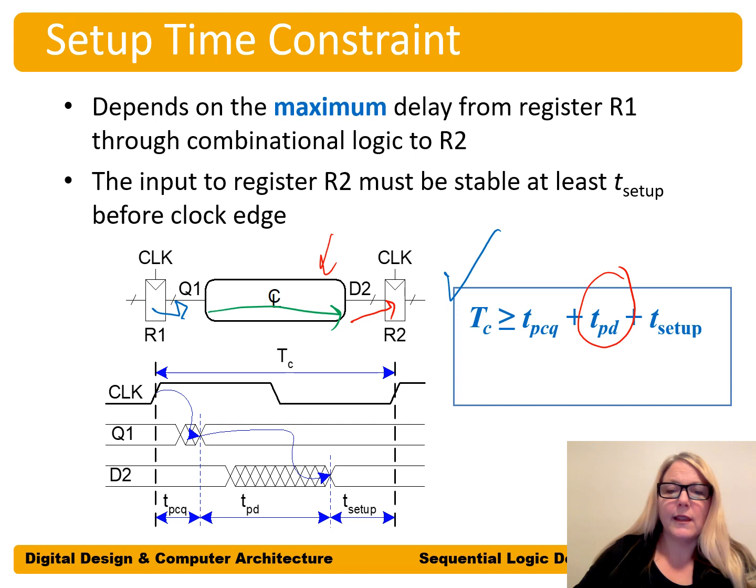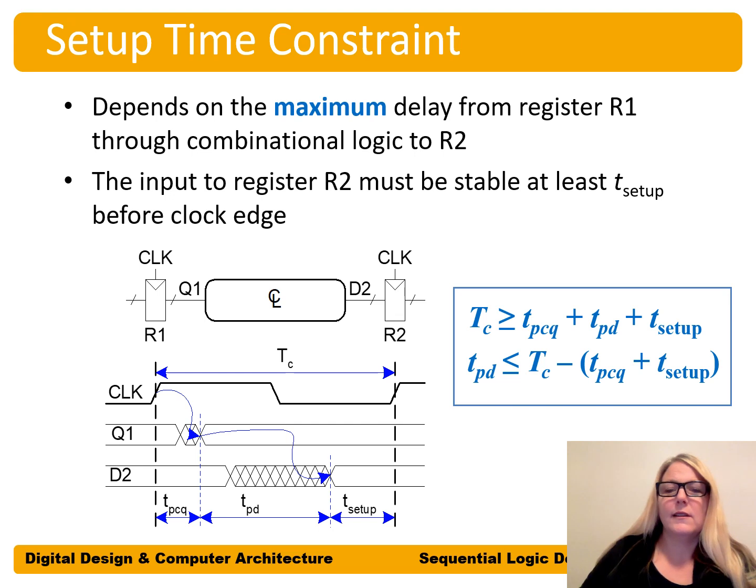And so we can say, well, TPD has to be less than or equal to, we're going to take these terms and bring them over to the other side. So subtract them from both sides. So TPD has to be less than or equal to TC minus these terms, TPCQ plus T setup.